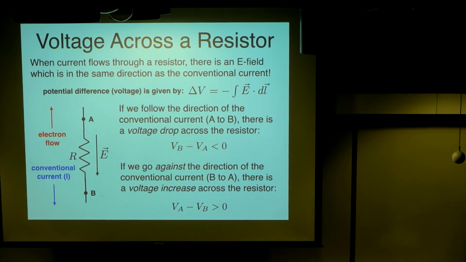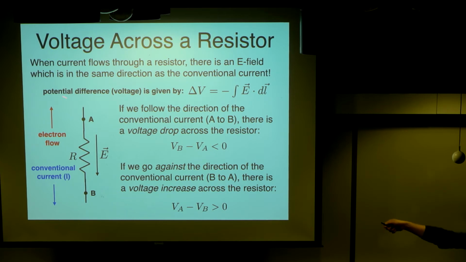Okay, so we already established, right, that when you have current flowing in a circuit, there's an electric field present which is pushing the charges around to cause that current to flow in the first place. So let's just say that in this example that we give here, there is a conventional current, I'm showing that in blue, which is flowing down across this resistor.